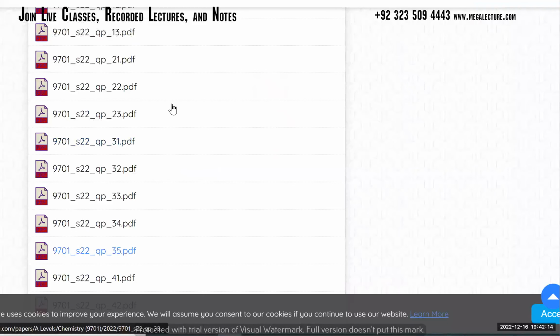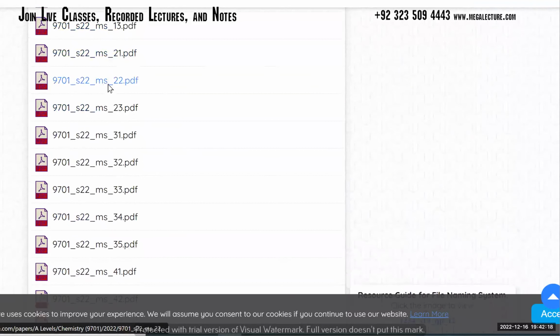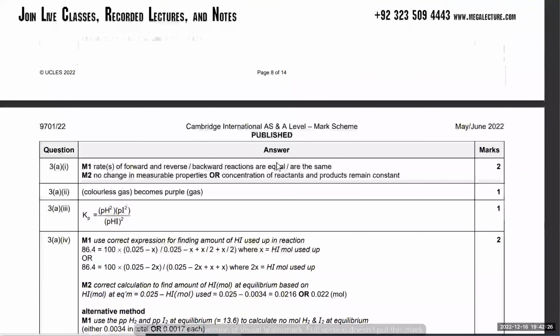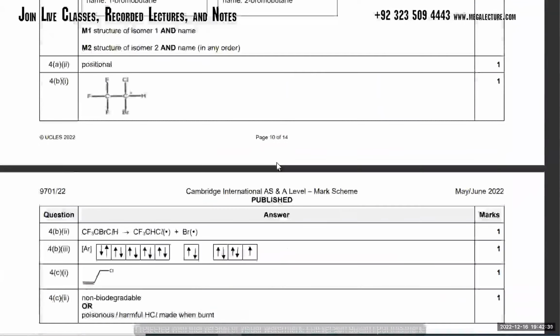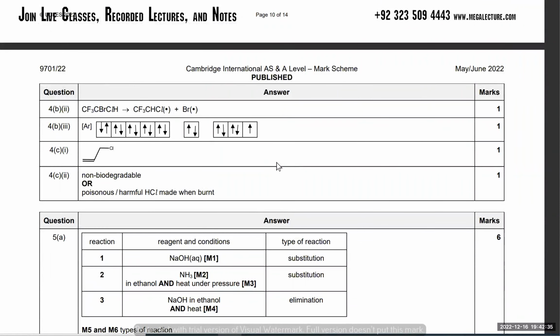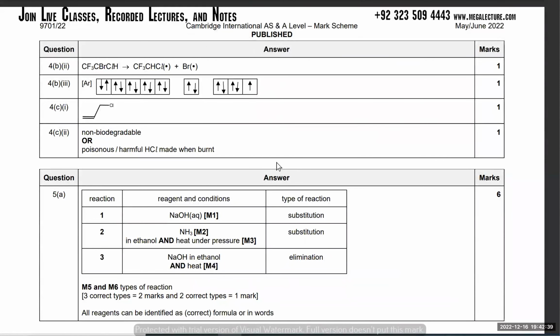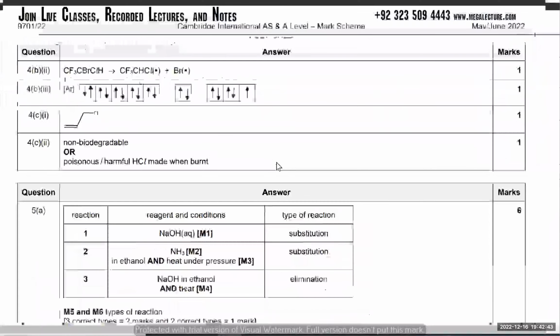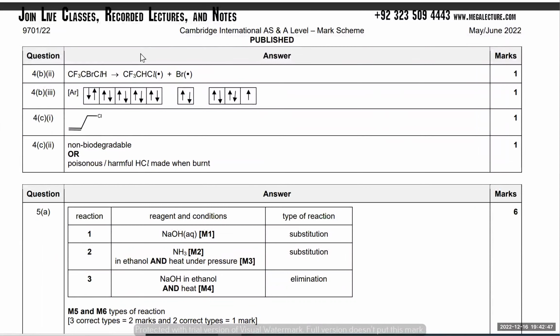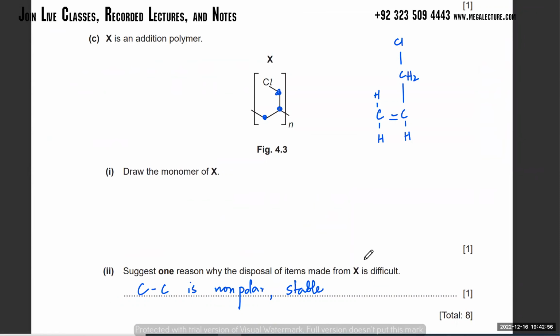ठीक है, इसका वो देख लेते हैं कि mark scheme exactly MS22. एक ही mark था लेकिन what is the exact word he's using? इसने क्या लिखा है? ये तो हो गया था, this is what we did. What about this one, poisonous, harmful ethylene made when burnt, causes, पूछ रहा था सिर्फ। ठीक है, so kind of, I mean, इधर बेसिकली हमें conclude करना चाहिए था that it's non-biodegradable. वही confusion थी, हम थोड़ा detail में चले गए, we started answering why it's non-biodegradable.